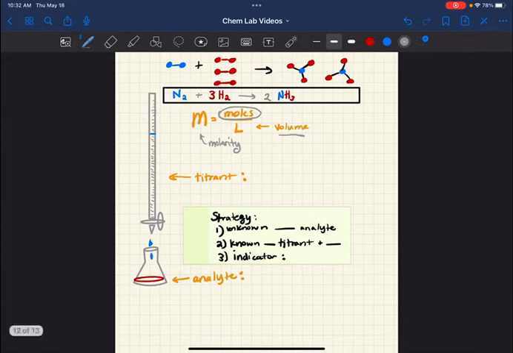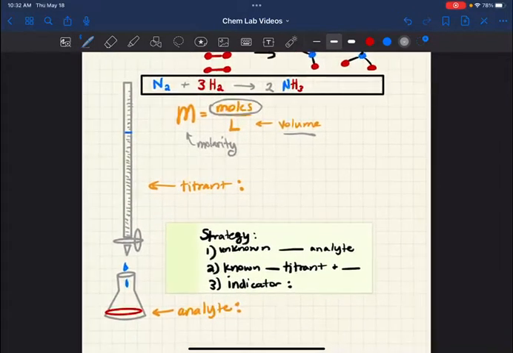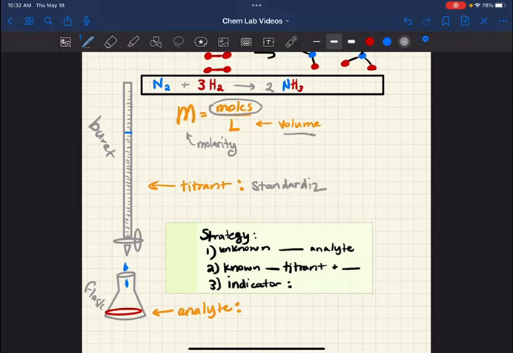But in a titration, you have your burette and you have your flask. In the burette, we put a solution that we call the titrant, and the titrant is at a standardized, known concentration.